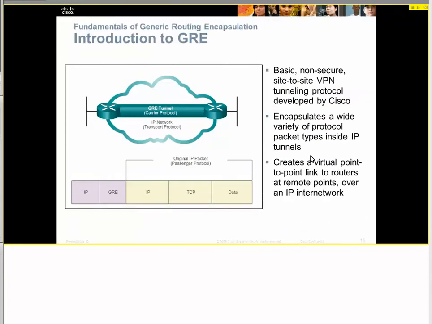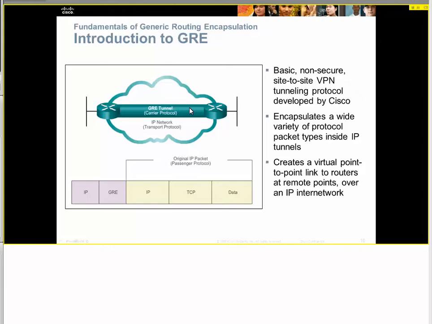Cisco has created a protocol, and the protocol has since been adopted and enhanced by the Internet Engineering Task Force, the IETF, as a way of creating a network interconnection. So this way, I could have a private IP on this side, let's say 192.168.0, and the same private IP address on the other side, and I can create a tunnel in between across a public network.